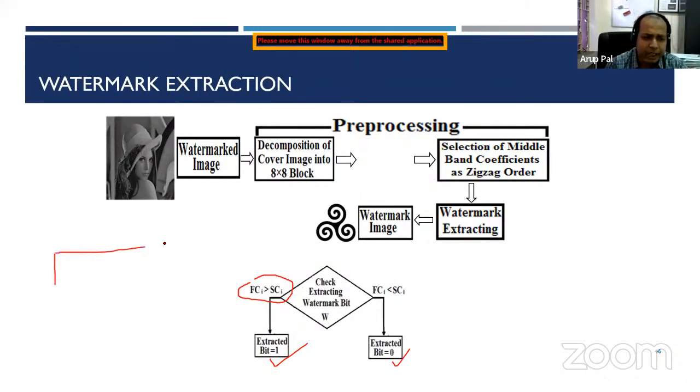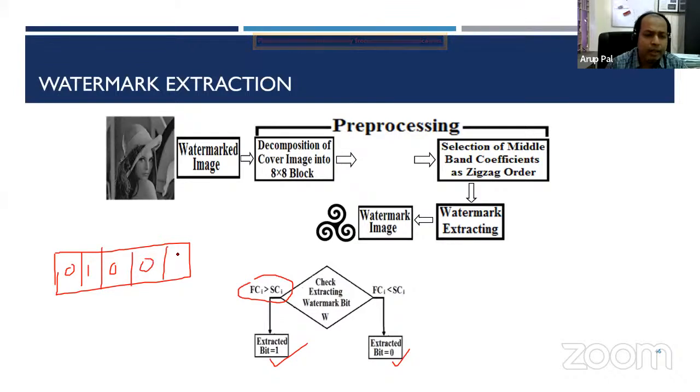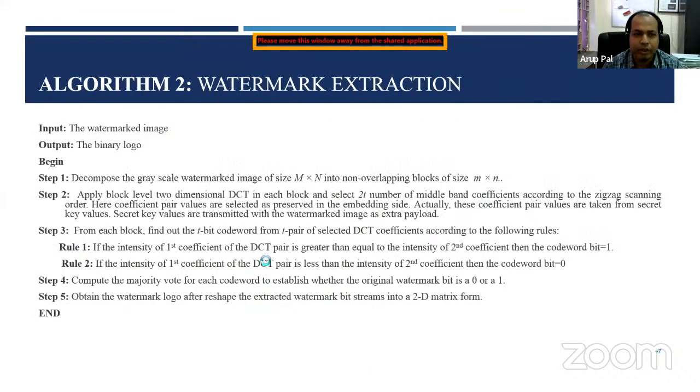Accordingly, suppose in the extraction process you have extracted 0 1 0 0 0. According to the majority voting policy, we can say that the watermark bit will be 0. That is the way we have done this process.